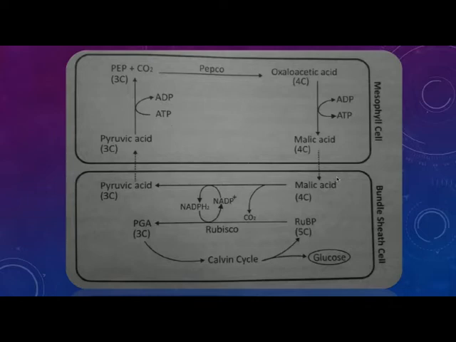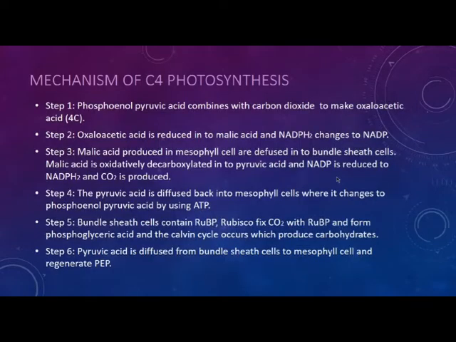PEPCO enzyme is phosphoenol pyruvate carboxylase. It can only combine with carbon dioxide; it cannot combine with oxygen. When PEP, that is phosphoenol pyruvate, and carbon dioxide combine, we get oxaloacetic acid or oxaloacetate. Step 2: oxaloacetic acid is reduced into malic acid, and NADPH2 changes to NADP.